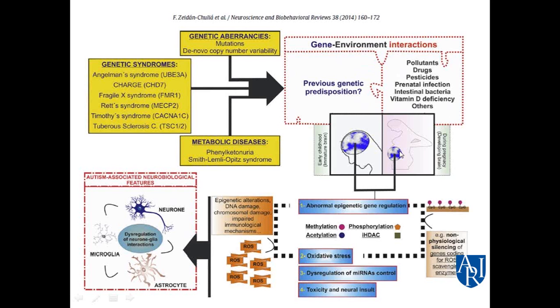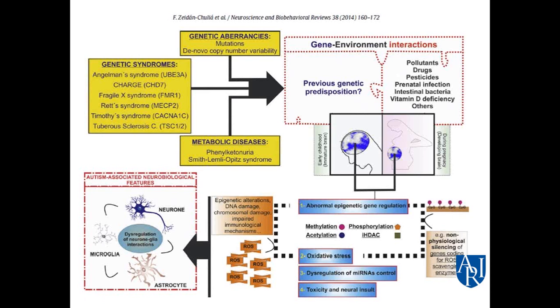They emphasize here that abnormal epigenetic gene regulation may play a role in this. And what I'm going to suggest is that it's the epigenetic regulation that may help us to understand all the many abnormalities in the immune system in autism and perhaps in other areas as well.